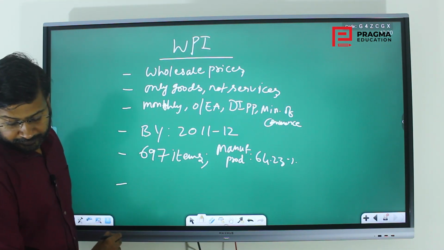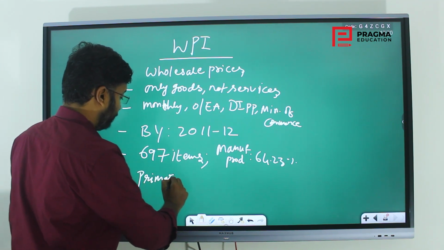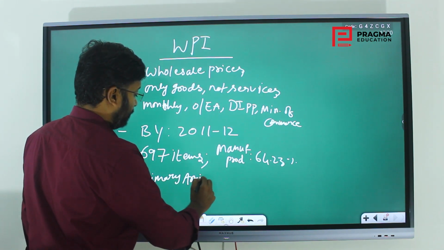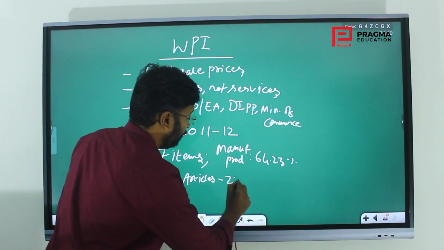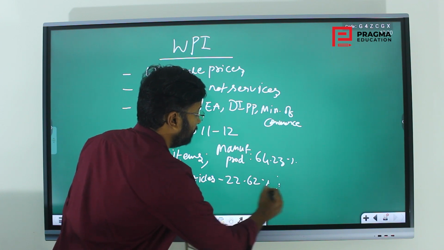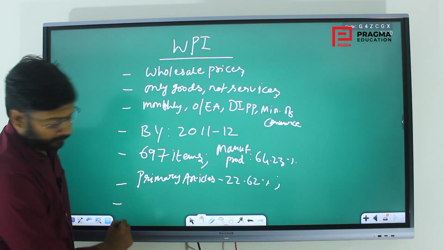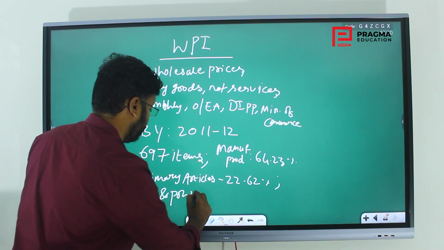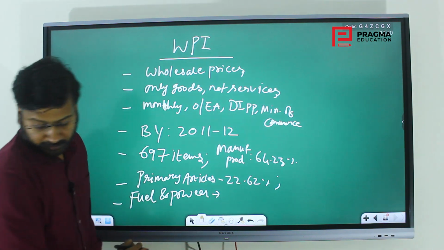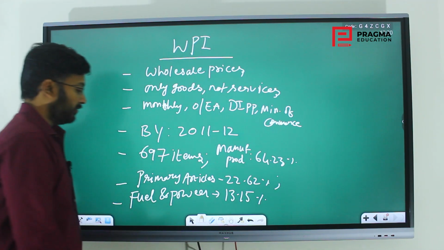Next, primary articles. Primary articles is 22.62%, and last is fuel and power. 13.15% is the weightage of fuel and power.